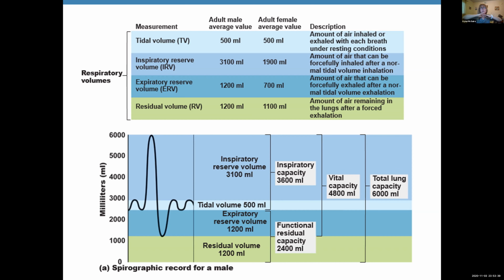Tide means water moves out and in to the shore and out. That's why they call it tidal volume, because that's how you're breathing. In, out, in, out, in, out. So that's your tidal volume, about half a liter, or 500 milliliters.